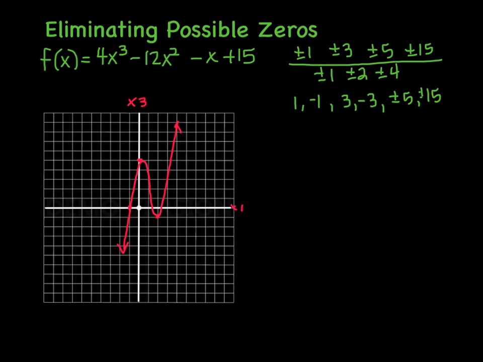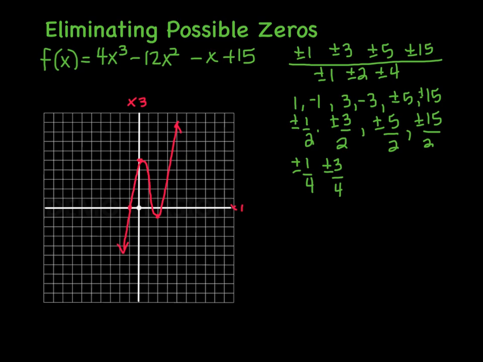But I also have 1/2 and -1/2, 3 halves and -3 halves, 5 halves and -5 halves, 15 halves and -15 halves. I also have 1/4 and -1/4, 3/4 and -3/4, and so on.